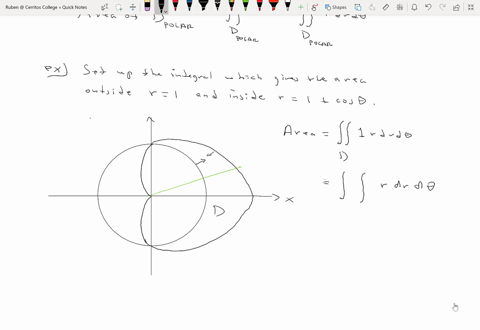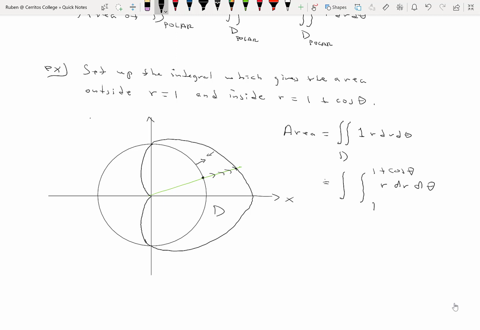Now back to the green line. The green line, first extending radially outward, first hits the circle of radius 1. And then it passes through our region, for the second time, when it hits the cardioid, 1 plus cosine of theta.